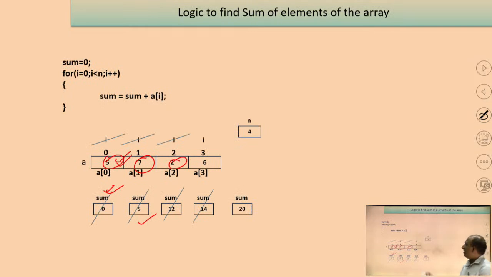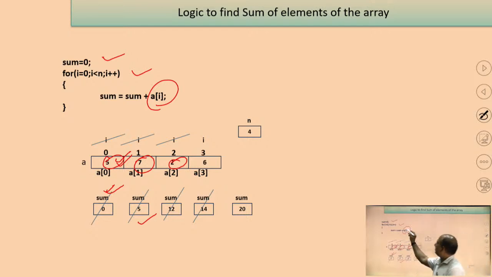We will create sum equals to 0, and to access each element of the array we will create a for loop from 0 to less than n, and by writing A of I, we are accessing each element, and each element is added to the sum variable, means sum is updated every time the loop is incremented. The next element is accessed and added to the sum variable, means sum is updated every time by adding the next element.